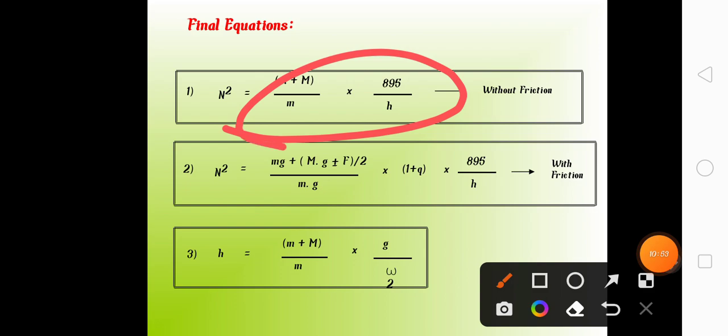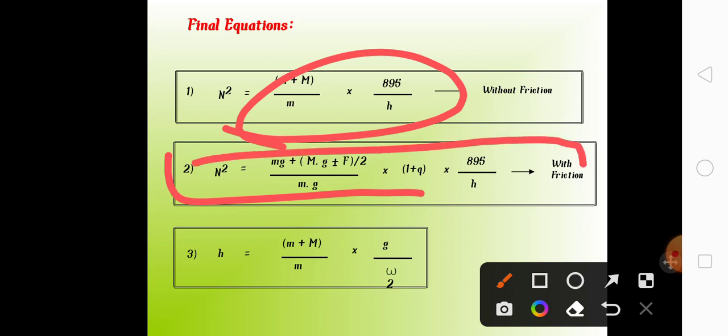When we take friction into consideration, our equation changes, and it becomes n square is equal to [mg plus (Mg plus f) upon 2] divided by [mg into (1 plus q)] into 895 upon h. This equation takes friction into consideration.